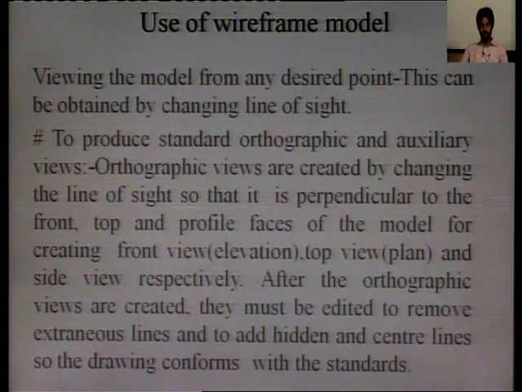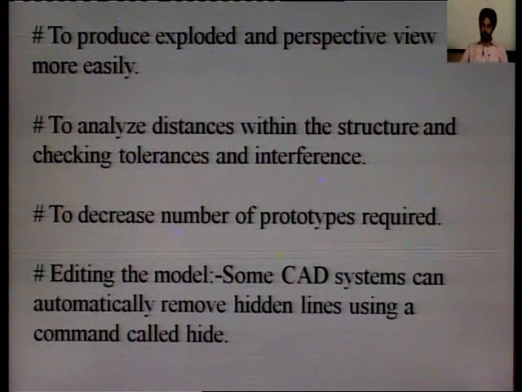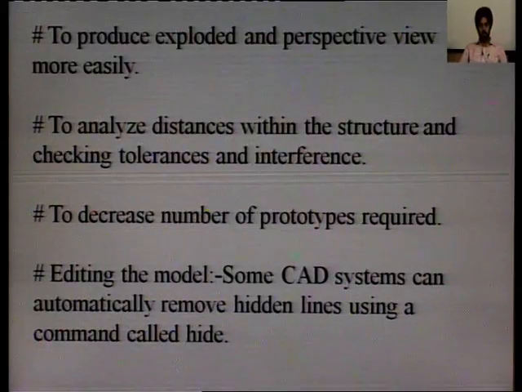to remove the extension lines and add hidden and center lines, to conform with the standards. Other uses: to produce exploded and perspective views more easily, to analyze distance within the structure, checking the tolerance and interference, and to decrease the number of prototypes required.